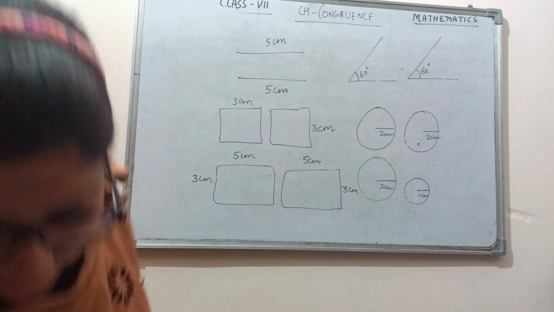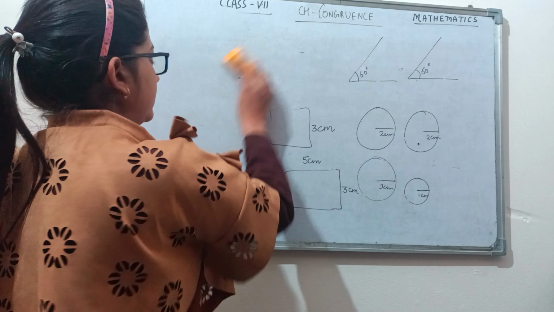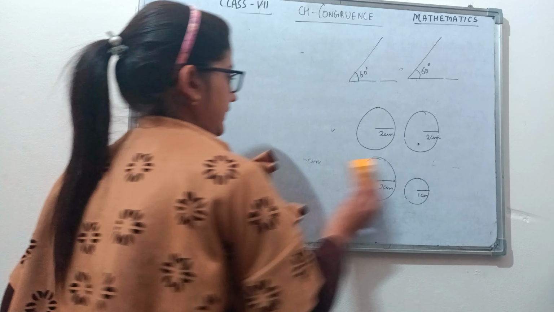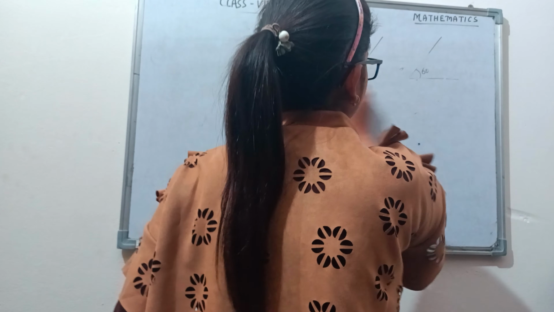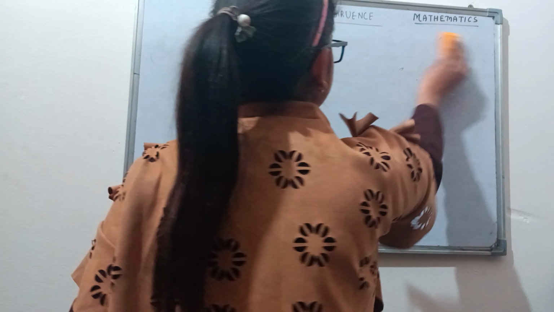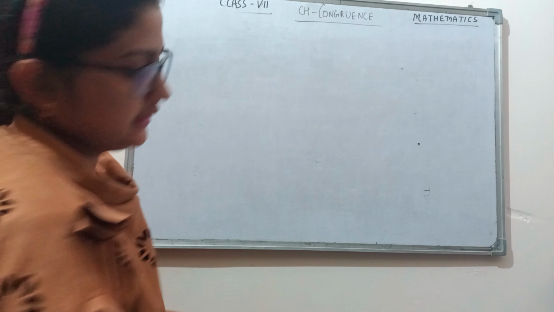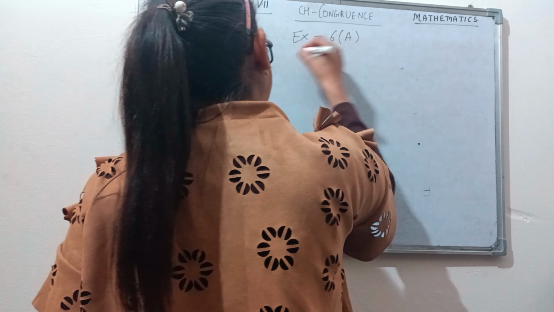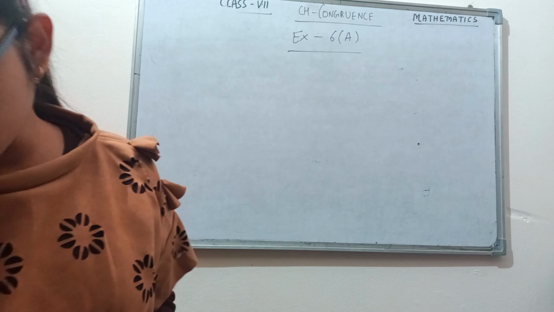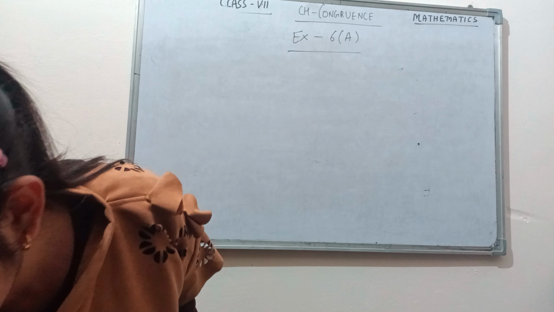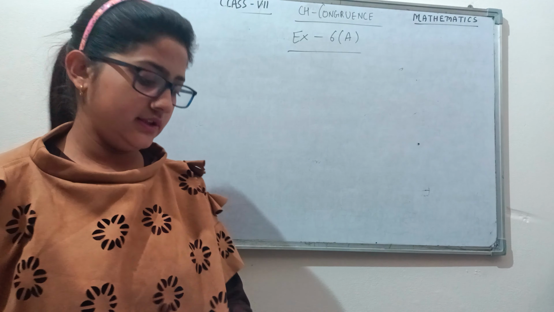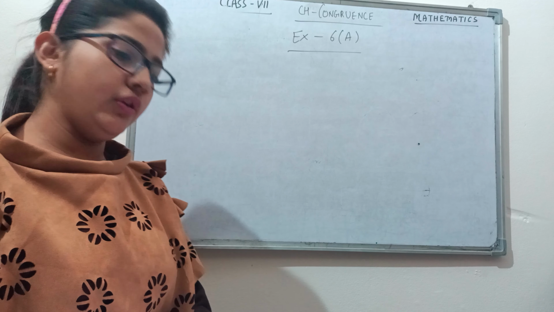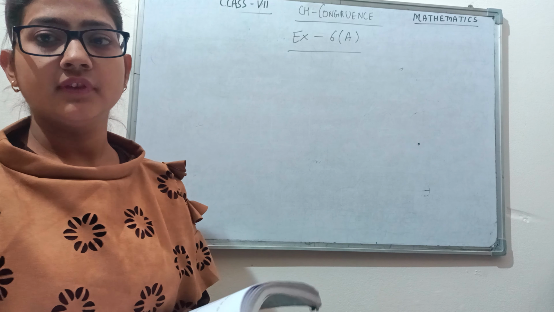Next we are going to start exercise 6A. The first question is to identify the true statements. First is all triangles are similar.